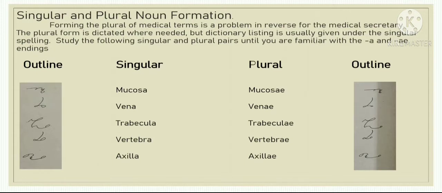The plural form of mucosa is mucosae. Then the next word is vena. The plural form is venae. Then trabecula, plural trabeculae. Then vertebra, plural vertebrae. The last one is axilla, and the plural form is axillae.